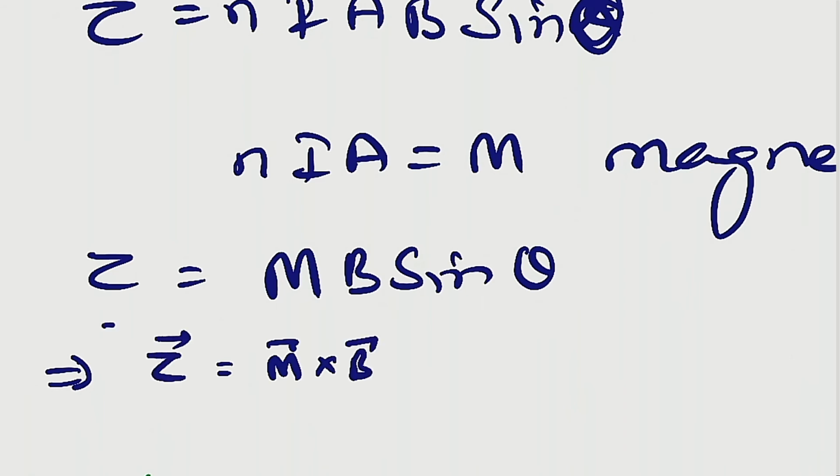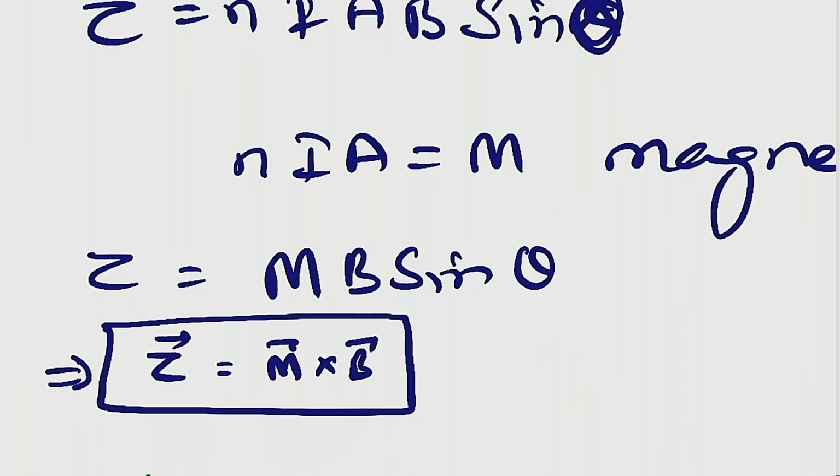So this will be the torque acting on this rectangular coil. Thus this torque will try to rotate the coil about the axis, which I told you, that is along forces F1 F3, and the direction of this torque in our example is clockwise.